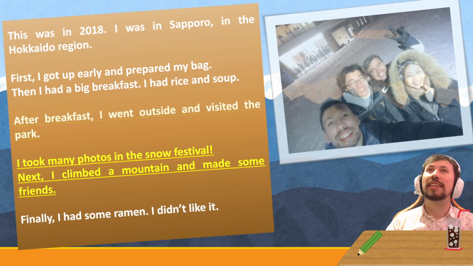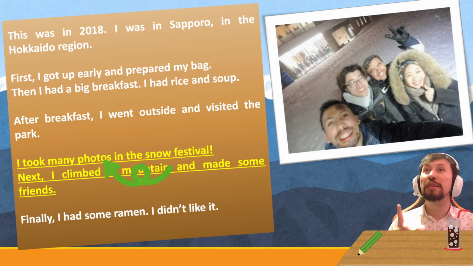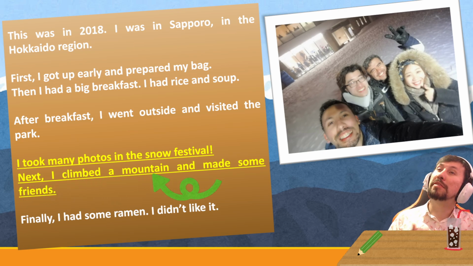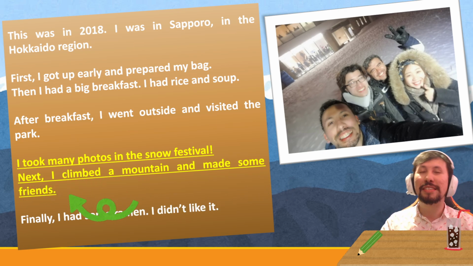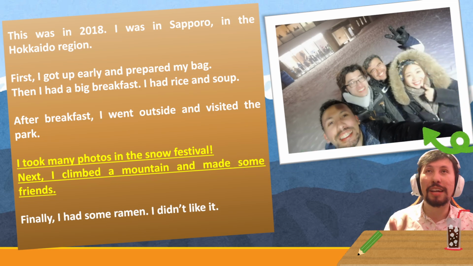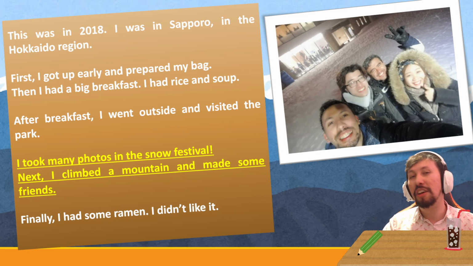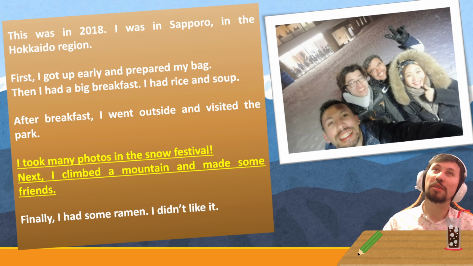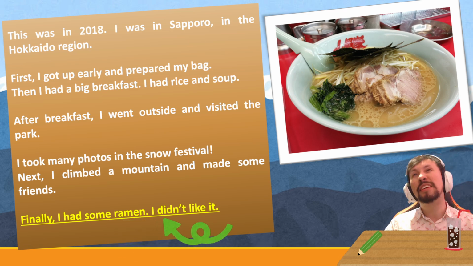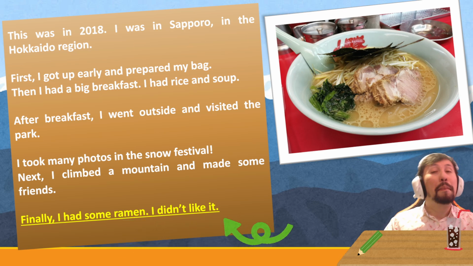And I took many photos in the snow festival. Next, I climbed the mountain and made some friends. Yes, I met some people. I visited Japan alone, and these are some people I met on that day, and we had some fun. And finally, I had some ramen and I didn't like it, but that's on me.